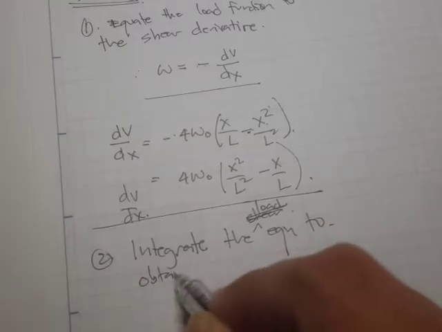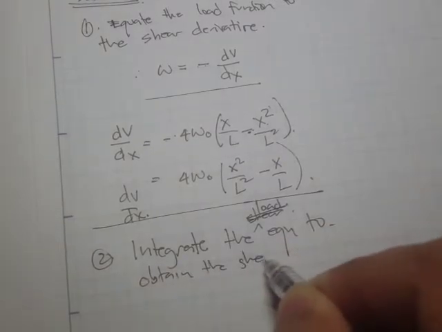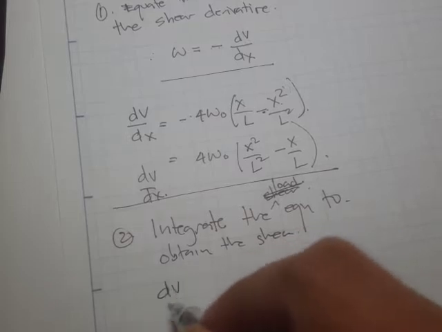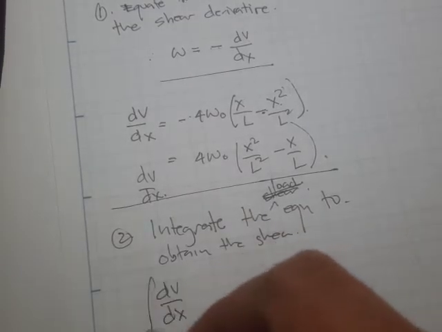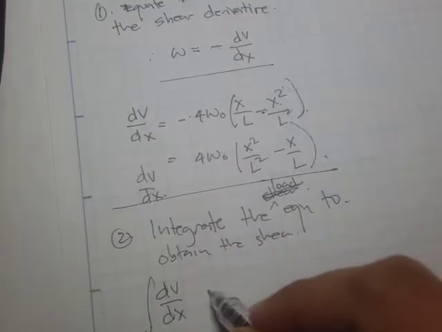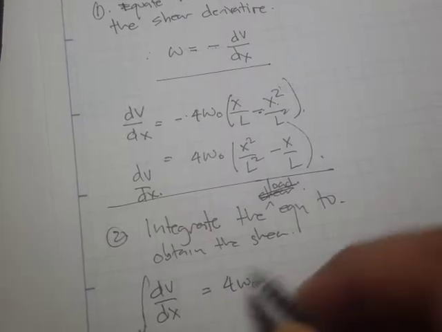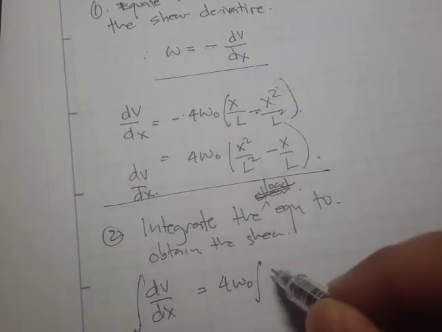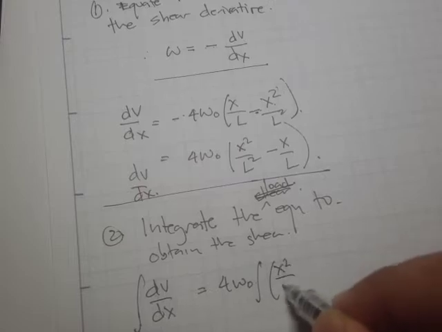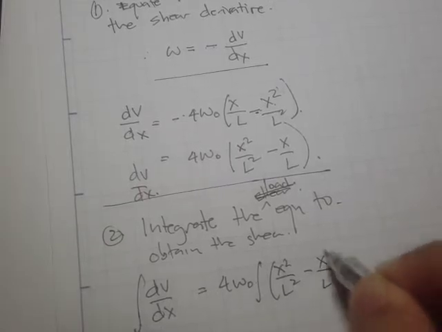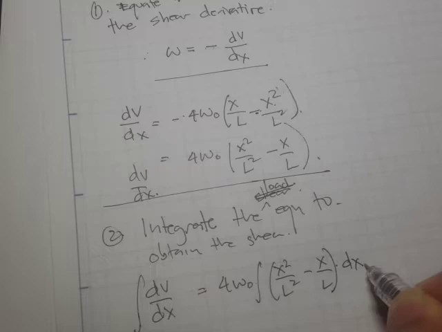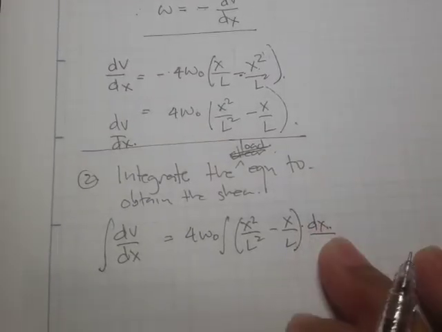To obtain the shear. Okay, so let's do the integration. dV all over dx, let's integrate this. Okay, is equal to 4. Okay, this is integral of x squared all over L squared minus x all over L, times, of course, this dx, integrate with respect to x.